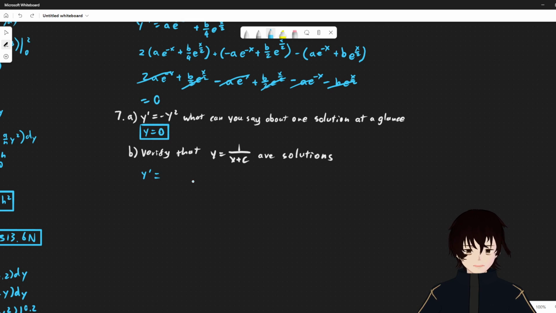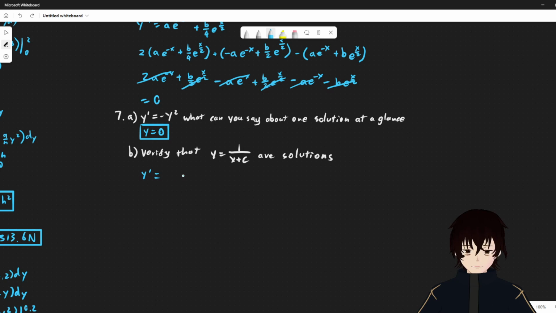Okay. Quotient rule. So that's f prime g first, right? Wait. I don't remember the quotient rule. Is it top first or bottom first? But I can do this with product rule. Right?